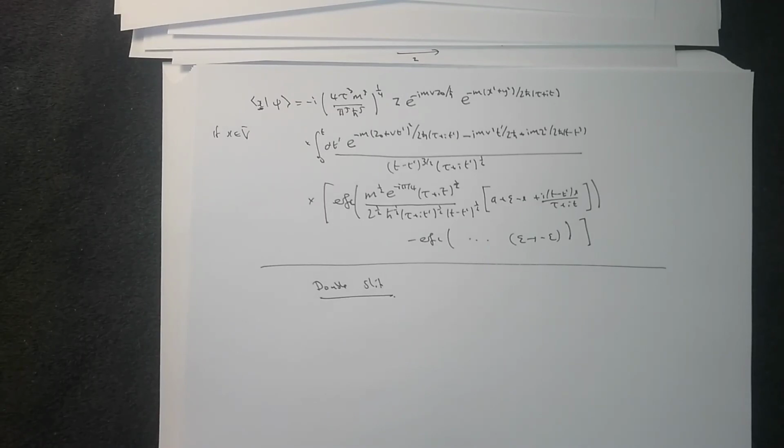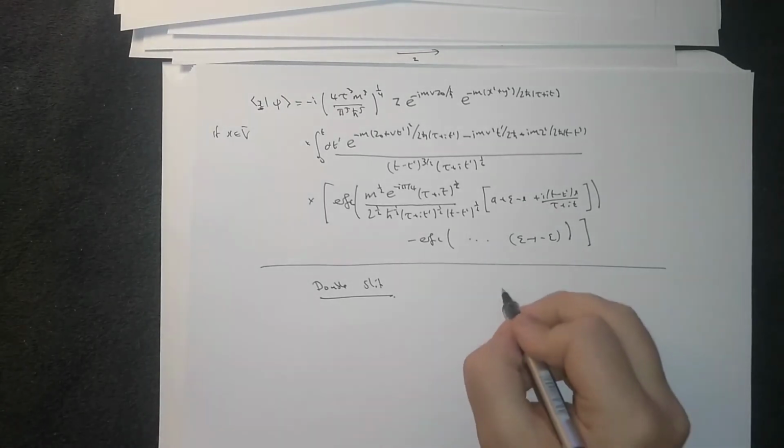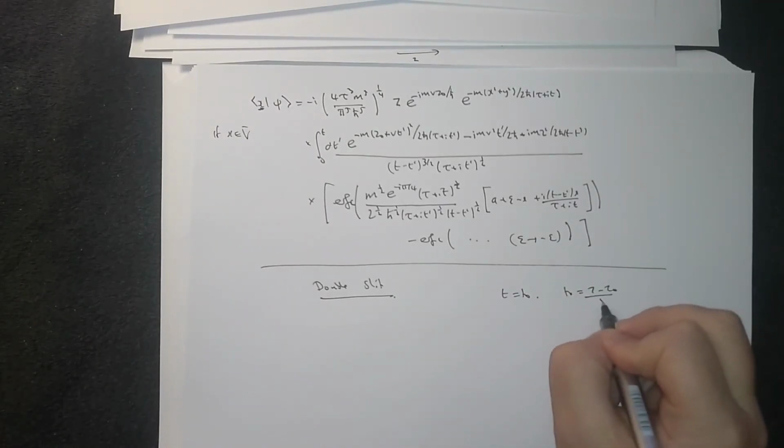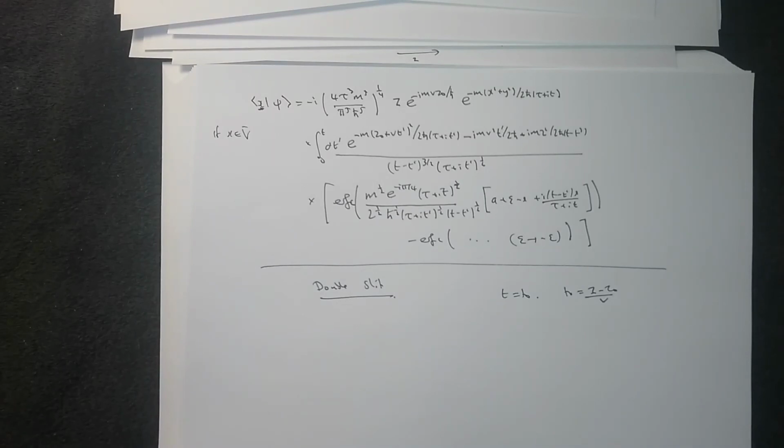So we approximate the distribution on the screen by setting t equals t naught, where t naught is z minus z naught over v. This is the classical time at which the electron would have hit the screen.